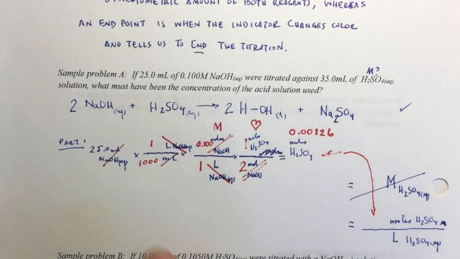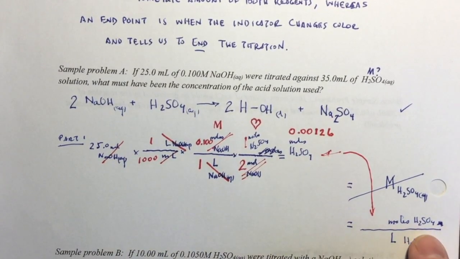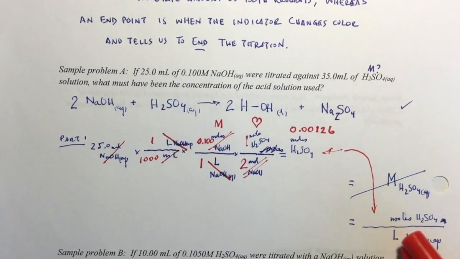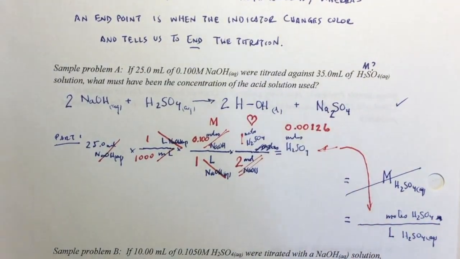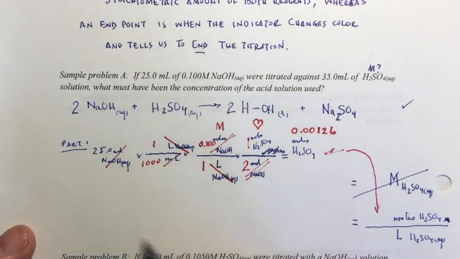You see how we've done part one to figure out the moles of the acid, so I can plug it in right there? Because I'm trying to find out the molarity, the concentration of the acid. And so I can do that in 2 different steps. All right, so let's do the next part, and I'm going to figure out the liters of the acid. So part 2.